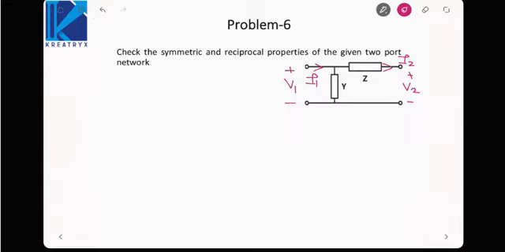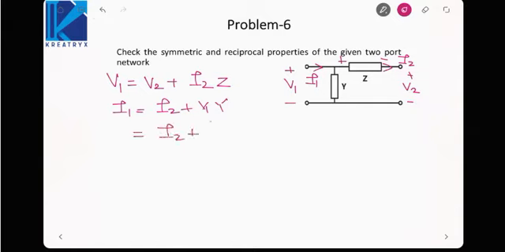So if we apply KVL here, V1 will be equal to V2 plus I2Z, because plus minus will be like this. By KCL, what will be the value of I1? I1 will be equal to I2 plus V1Y. But we need I1 in terms of I2 and V2. Substitute the value of V1 here.